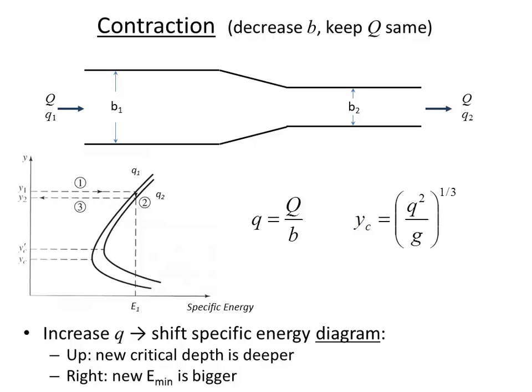That means that the minimum specific energy gets bigger. Because remember, E minimum is just 3/2 y sub c. And so a bigger flow per unit width gives us a bigger critical depth, and a bigger critical depth also gives a larger specific energy. And so this is the specific energy diagram at 1, and this is the specific energy diagram at 2.